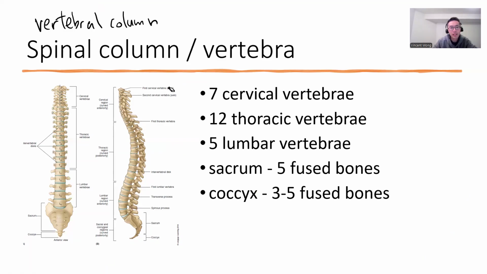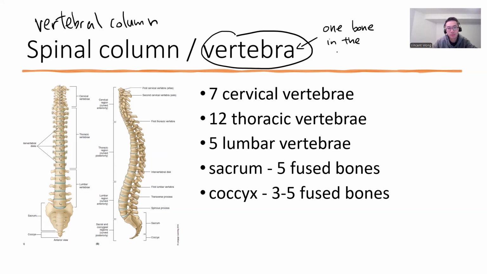Each of the sections that make up the whole backbone is called a vertebra. Okay, this is like one bone in the column. So vertebral is just the adjective of vertebra. Plural of vertebra is vertebrae.